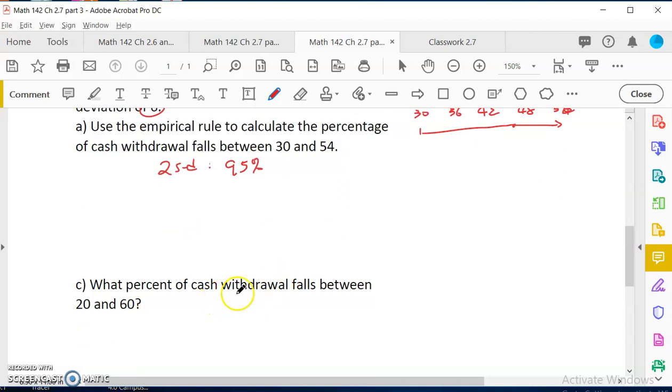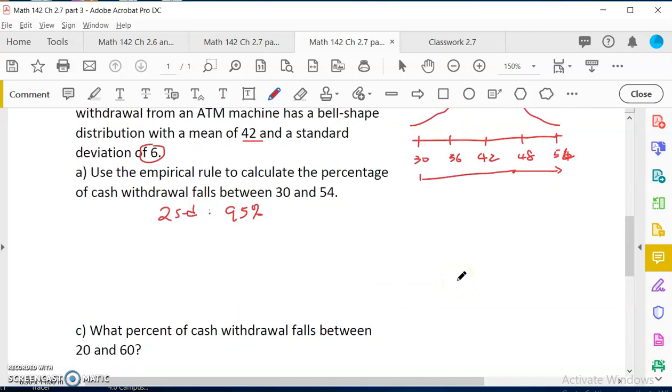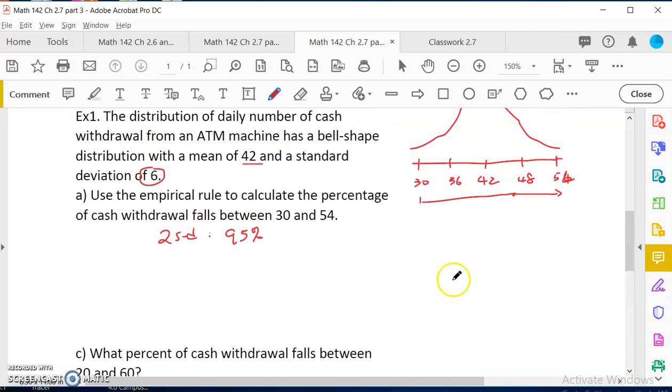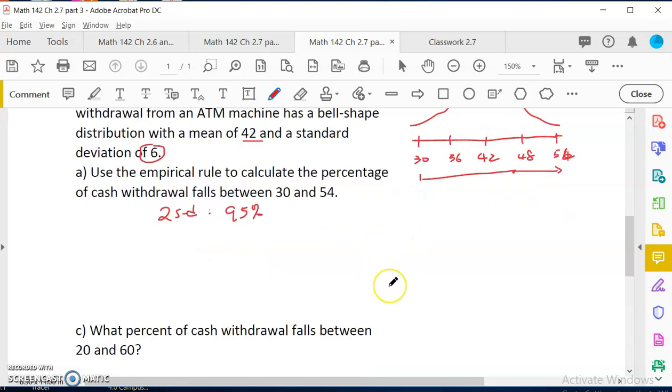So what about 24 to 60? Because if I do one more standard deviation, it should be 24, right?